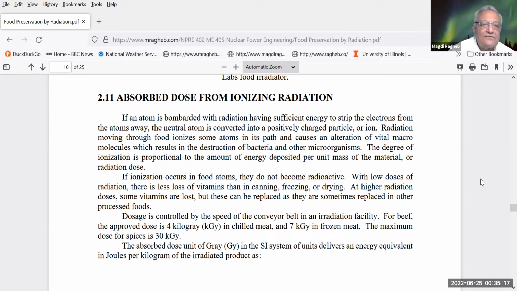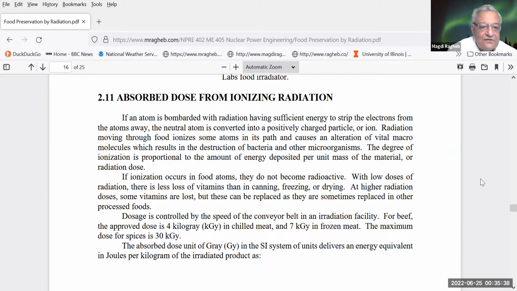Well, here we are interested in how much energy we are delivering to the food supply that is enough to sterilize it or pasteurize it or kill the bacteria that can cause harm to humans or to animals, in fact.